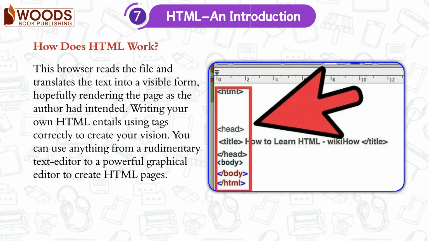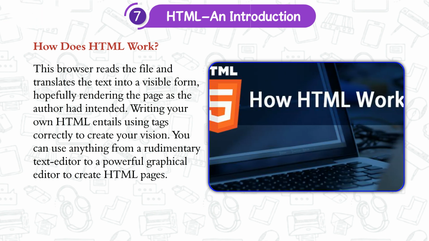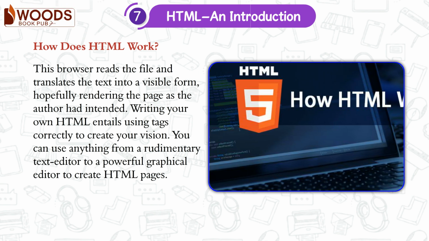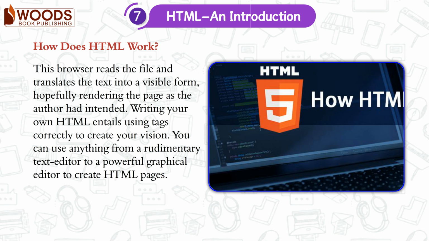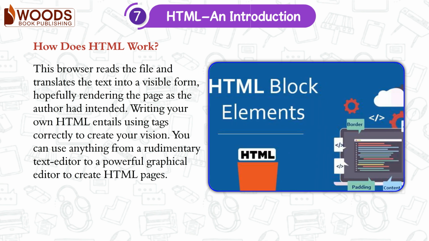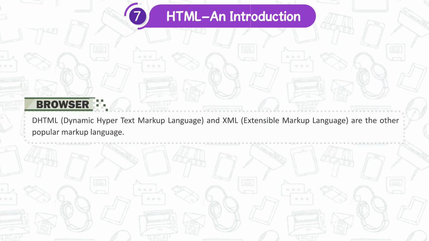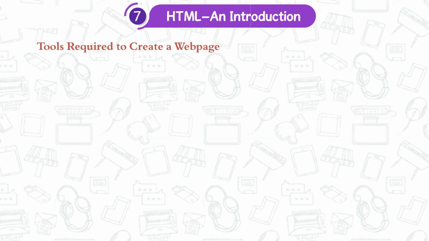Writing your own HTML entails using tags correctly to create your vision. You can use anything from a rudimentary text editor to a powerful graphical editor to create HTML pages. DHTML, Dynamic Hypertext Markup Language, or XML, Extensible Markup Language, are the other popular markup languages.